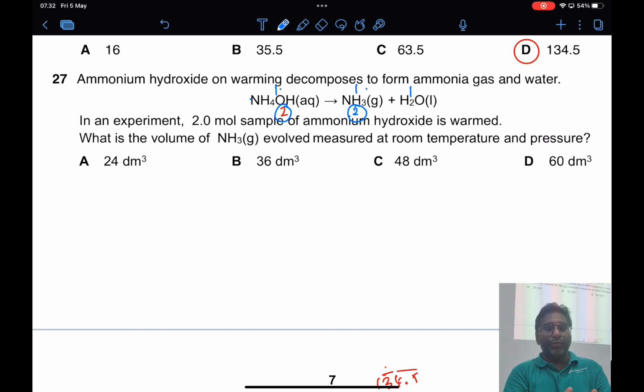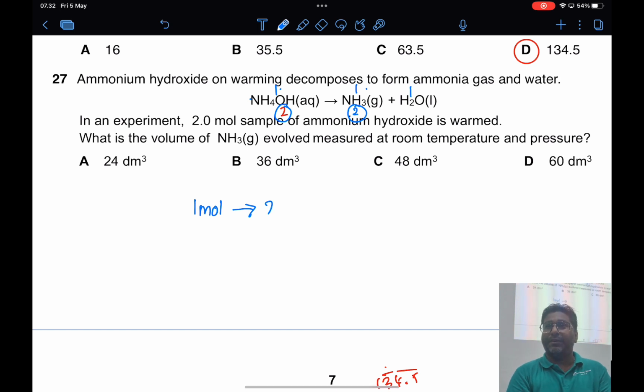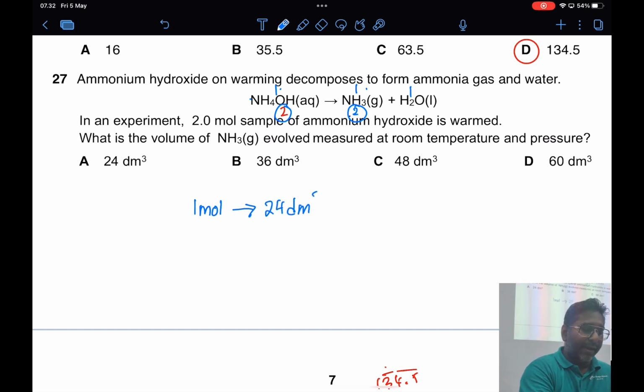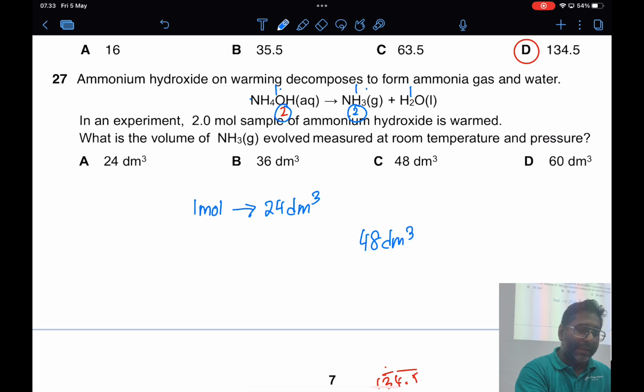So 2 moles of ammonia will be formed, and we know that 1 mole of any gas at room temperature and pressure will occupy 24 dm cube. Memorize this. So 2 moles of ammonia times by 24, it's going to be 48 dm cube. So the answer is going to be C.